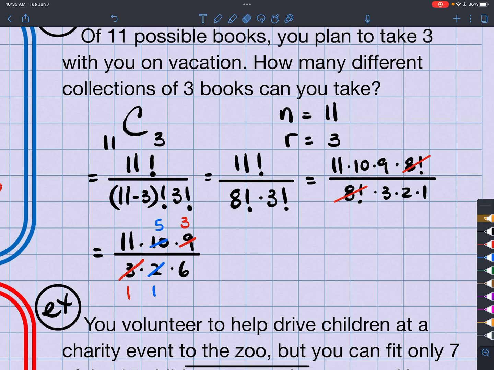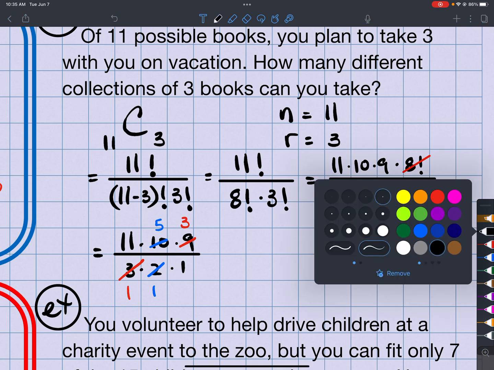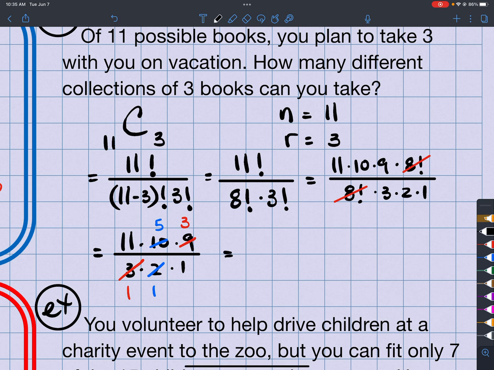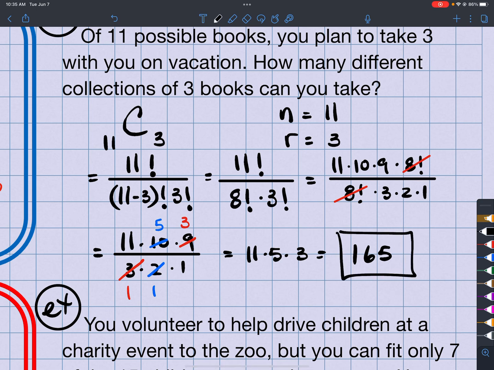I don't know why I just wrote 6 down here. That should be a 1, right? So on top, I have 11 times 5 times 3, which is going to give me 165. And there we go.